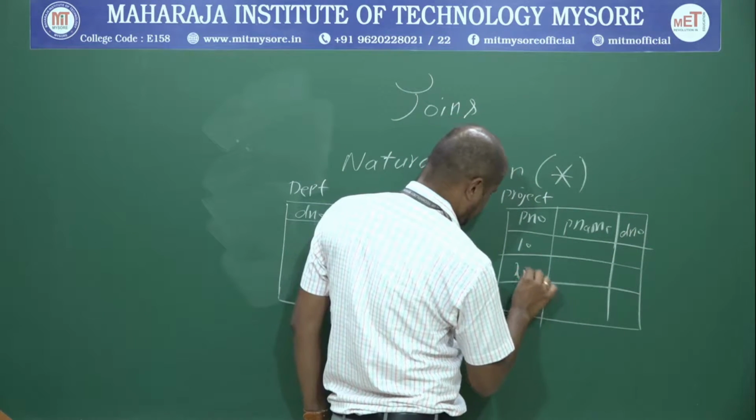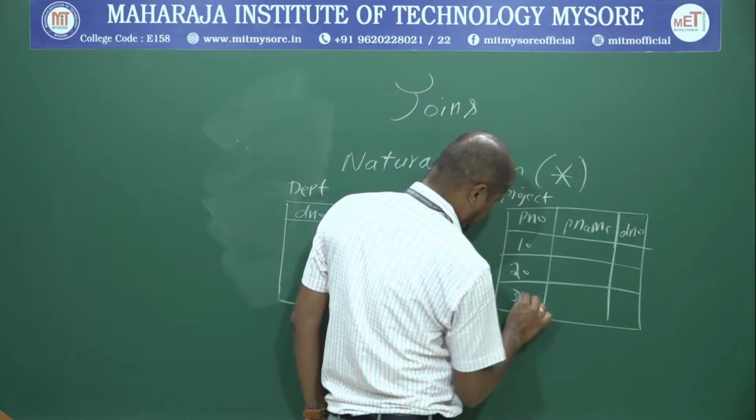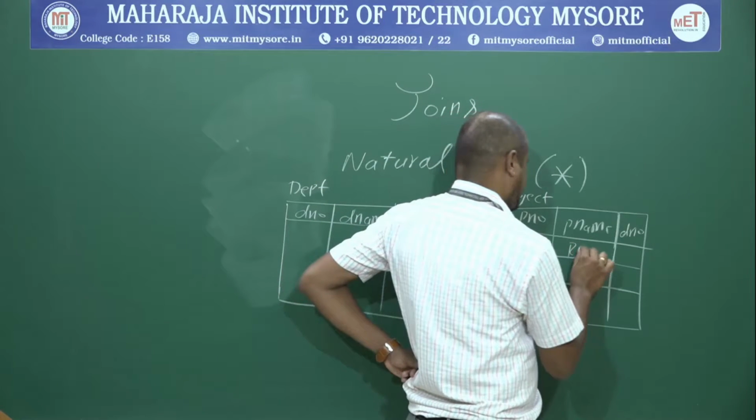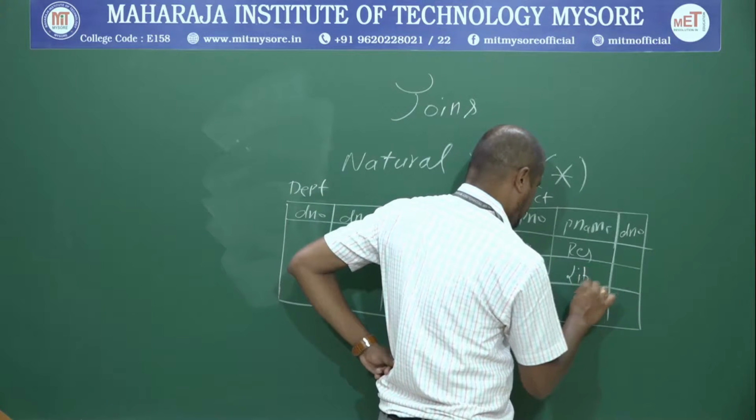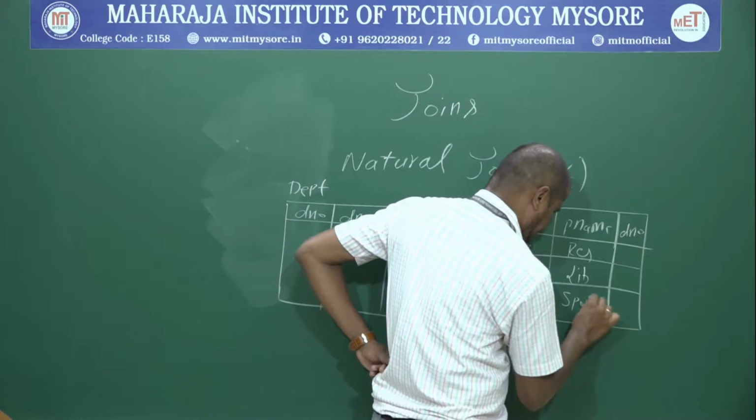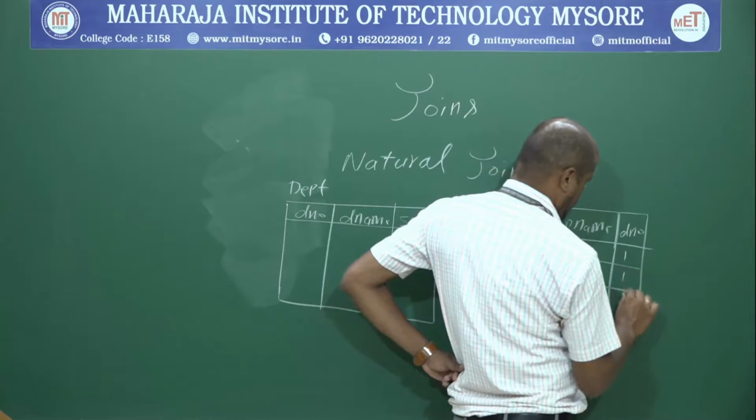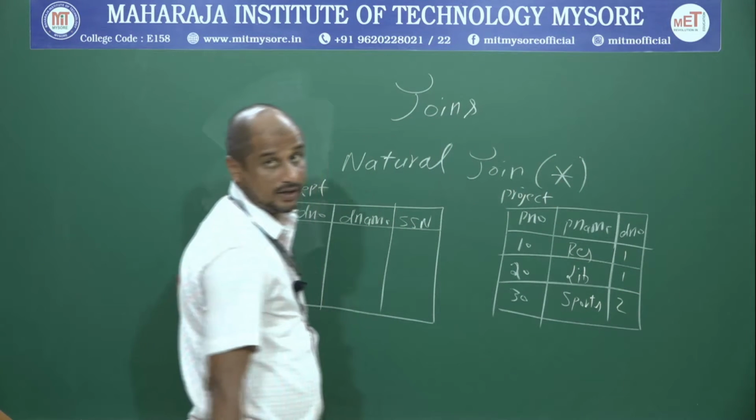So D numbers 10, 20, 30, with research, library, sports. And 1, 1, 2 for project.